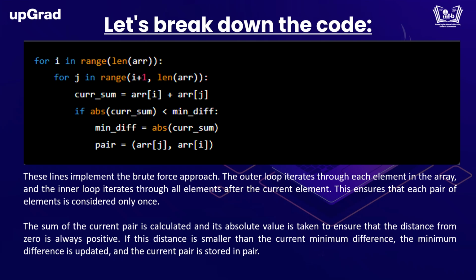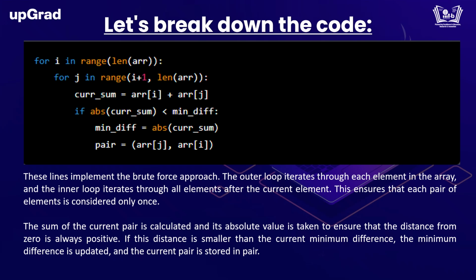In this, we have taken two for loops and an if statement. This implements the brute force approach. The outer loop iterates through each element in the array, and the inner loop iterates through all the elements after the current element. This ensures that each pair of elements is considered only once.